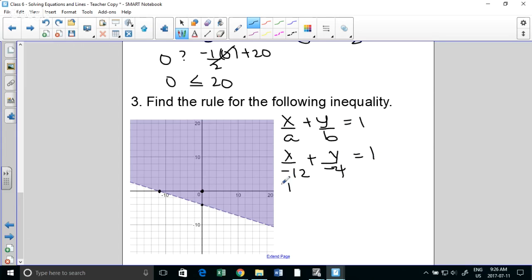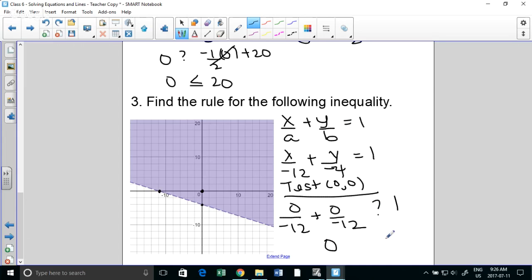Testing 0, 0. Zero over negative 12 plus 0 over negative 4, and we have 0, 1. So we want this to work, so we have it this way.